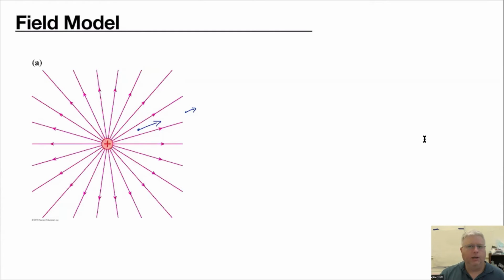So it may take a little getting used to. But we have an electric field, and it exerts a force on anything you put in the field, like the grass seeds that we saw.